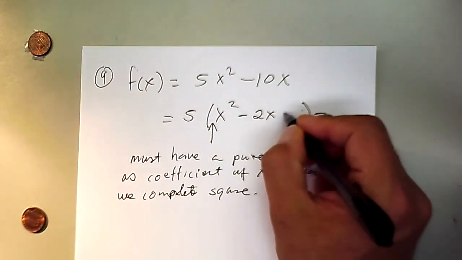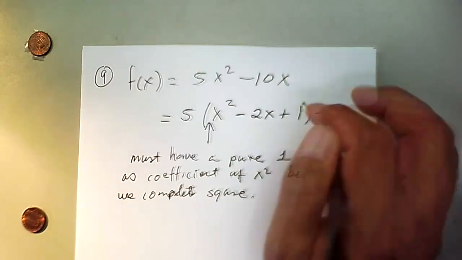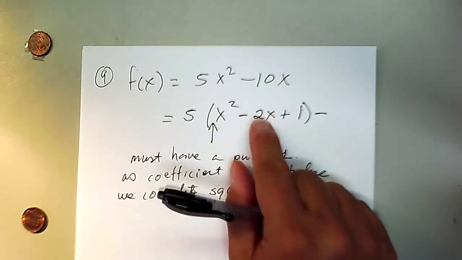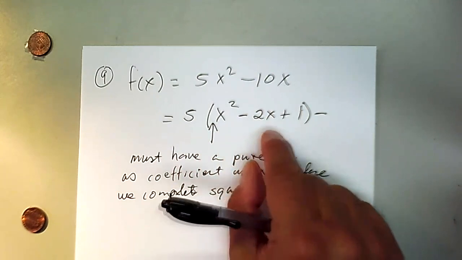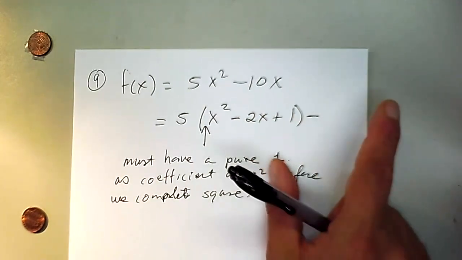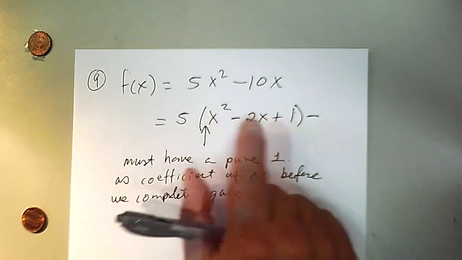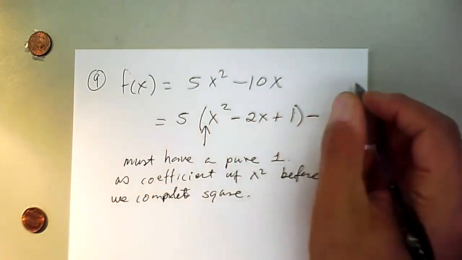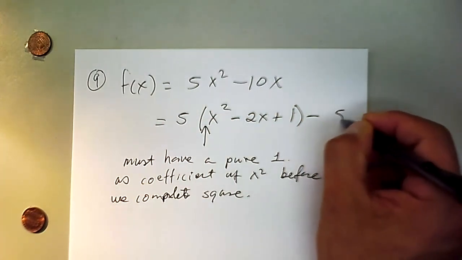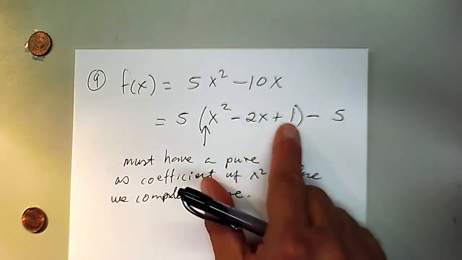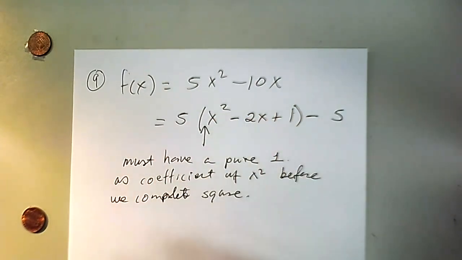How much are we going to add? 1, because half of negative 2 is negative 1. Square that, and that gives us 1. Now, remember what we did in the previous example. Are we going to subtract 1? Yes, except that this 1 is being multiplied by a 5. So we're going to subtract 1 times 5, which is 5. Even though we added 1, in reality we're adding 1 times 5.